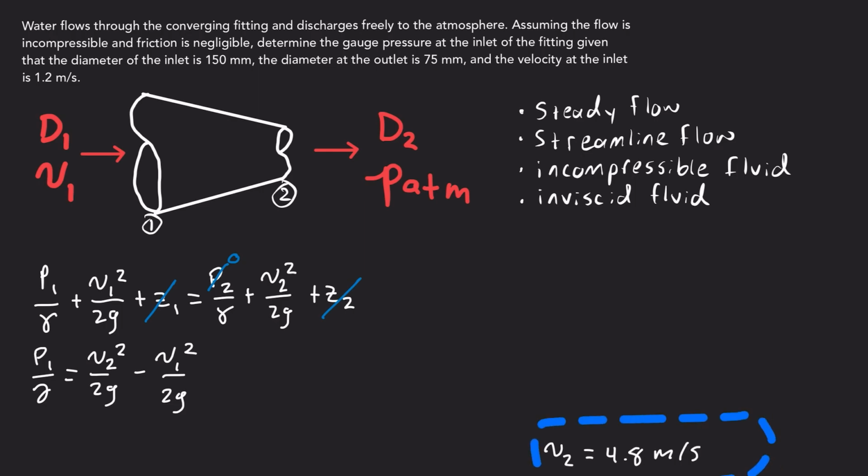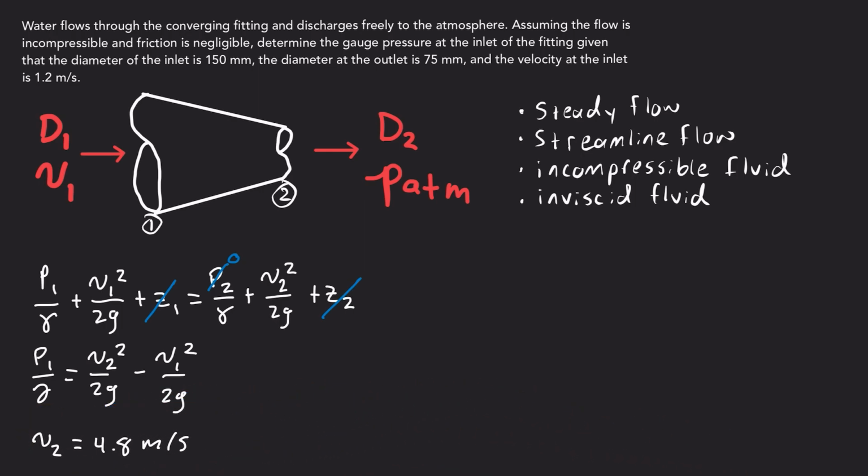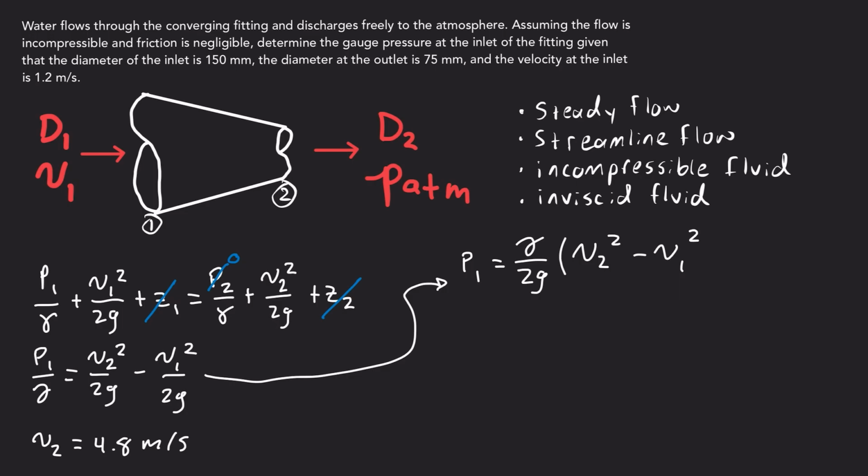P1 is equal to... and my algebra step here was multiplying both sides of the equation by gamma, or specific weight, and factoring out this 2g simultaneously from these terms.